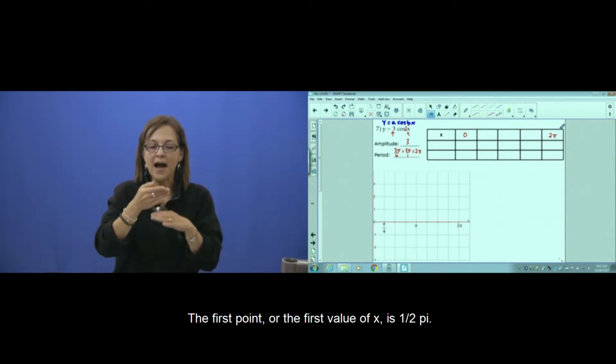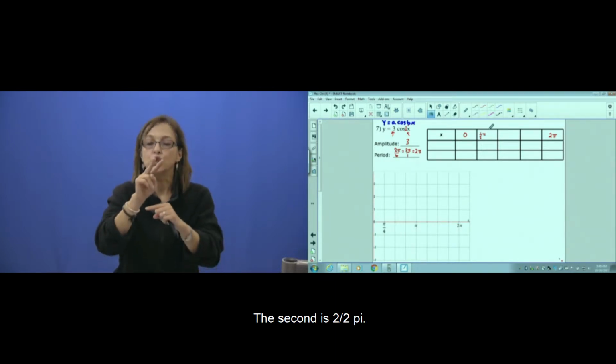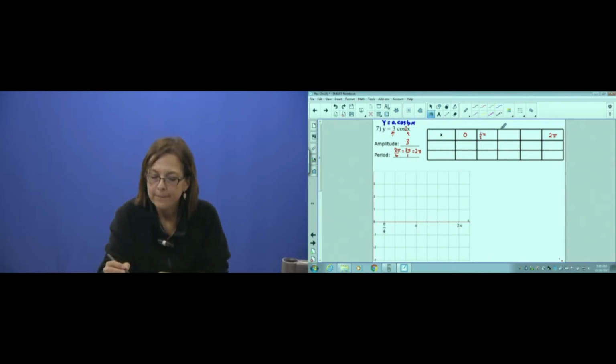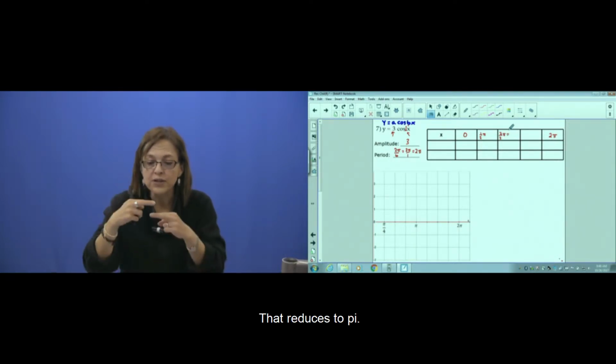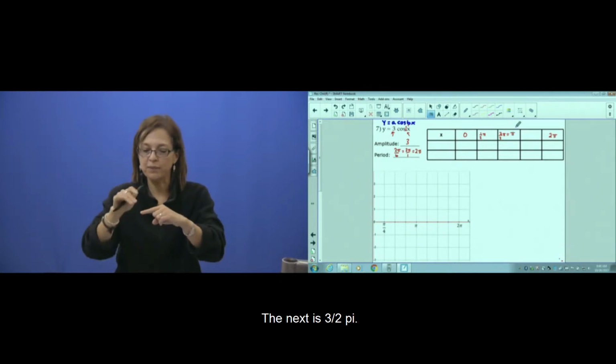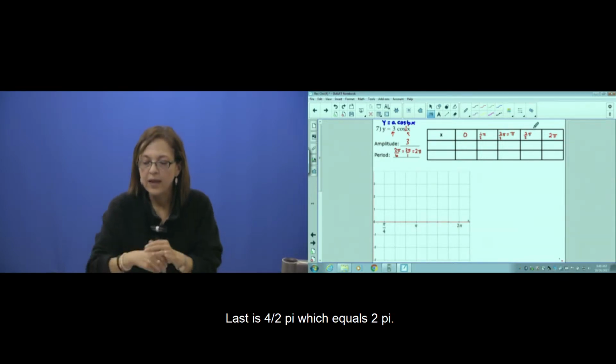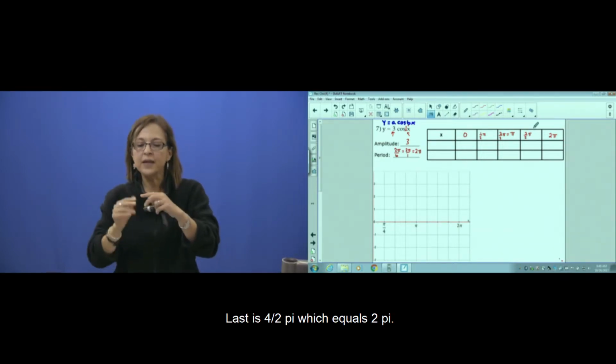After 0, the first value of x is 1/2 of pi. The second is 2/2 of pi, and then you use the pi only. The next is 3/2 of pi. And the last is 4/2 equals 2 pi.